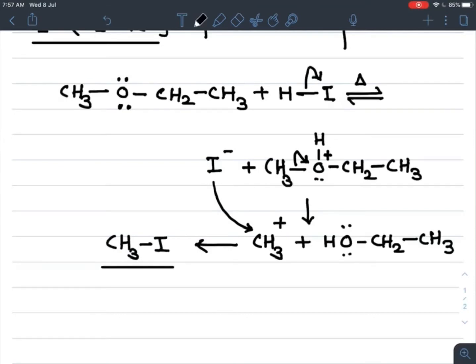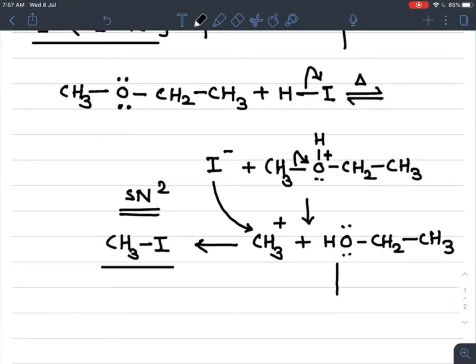Both I minus as well as CH3 plus are important, and that's why this is an SN2 mechanism reaction.